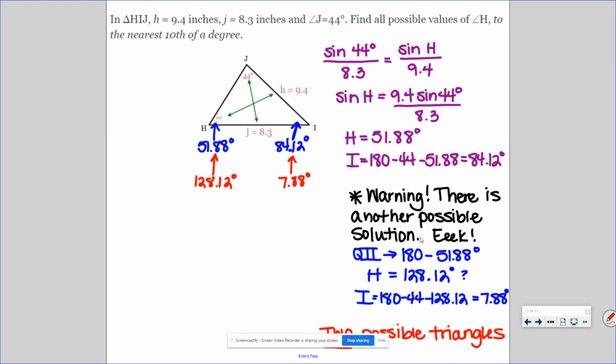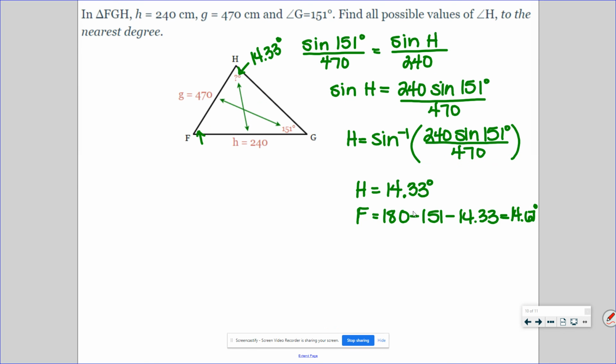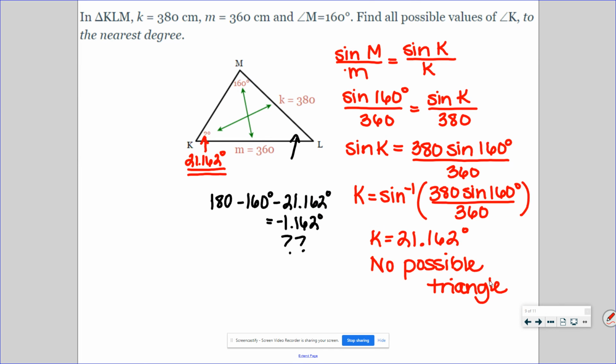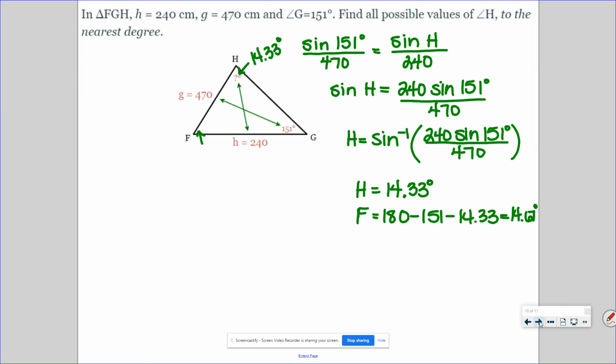All I'm going to say to you is that it's not real obvious why there are two answers here. My suggestion would be just to do this extra little bit of work every time to make sure that you're not missing something, okay? You only have to do the extra work, by the way, if you do get one answer to work. If you're getting something where this isn't possible or this isn't possible, there's no need to do the additional work.